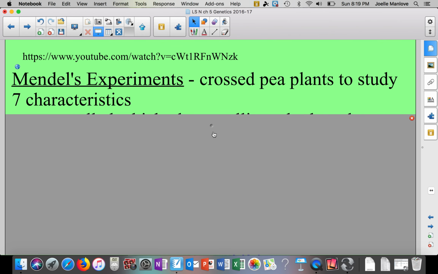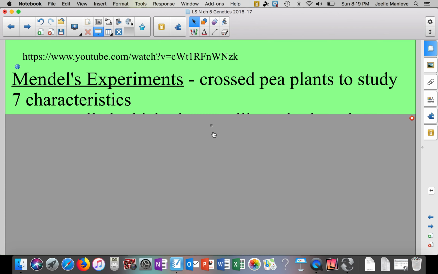So let's talk about Mendel's experiments. What he did was he crossed pea plants to study 7 characteristics. He looked at things like plant height, flower color, pod shape, location of flower, pod color, seed shape, and seed color.